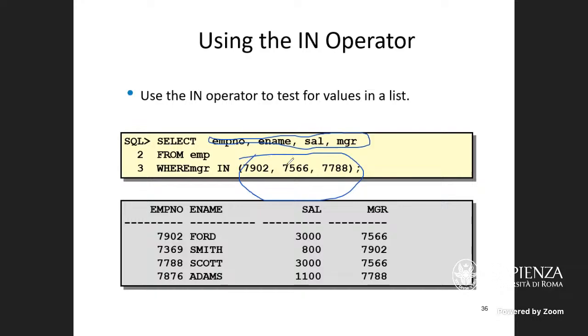So you will see here that this number corresponds to this, this number here corresponds to this, and this number here corresponds to this. You can see what I'm saying.